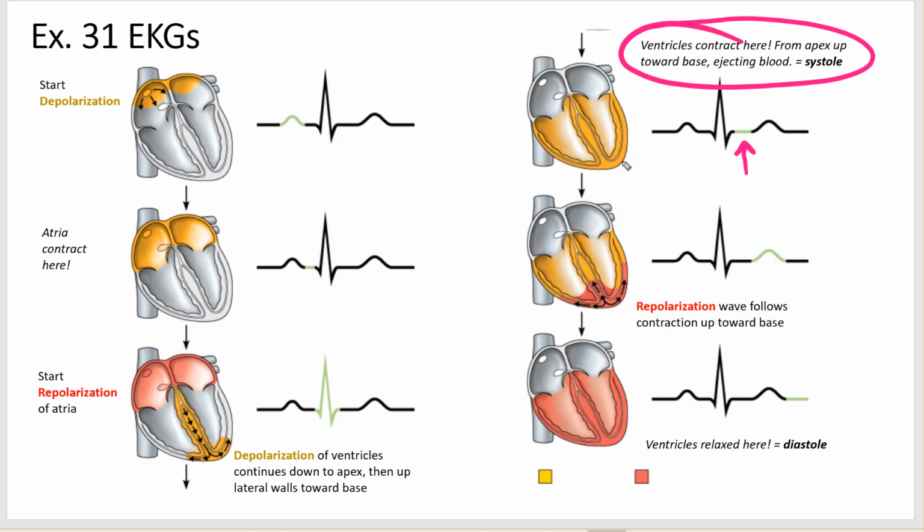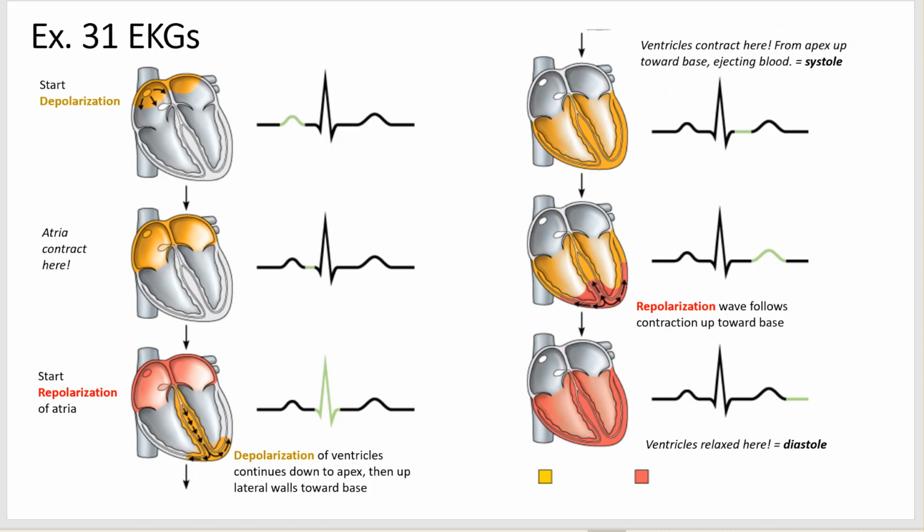It is contracting in a spiral like this, from apex to base, squeezing every drop of blood from the bottom of the ventricle up towards the semilunar valves and the pulmonary valves, where it will eject and go into pulmonary and systemic circuit.